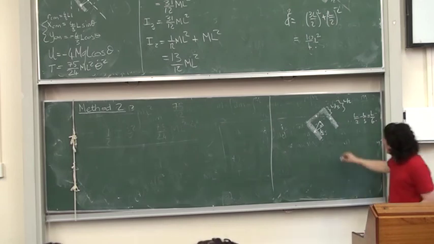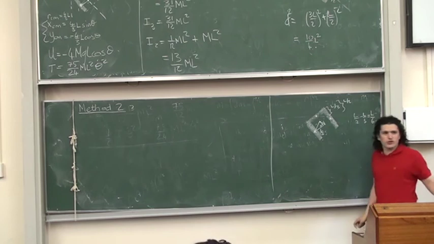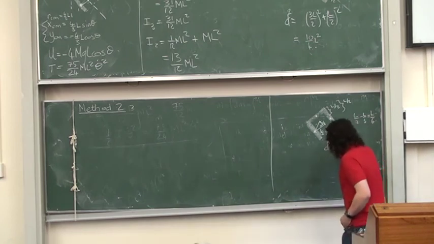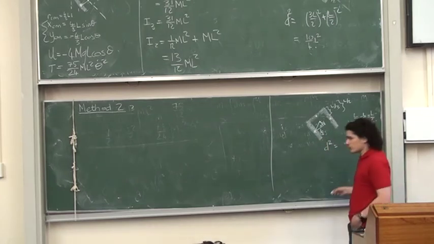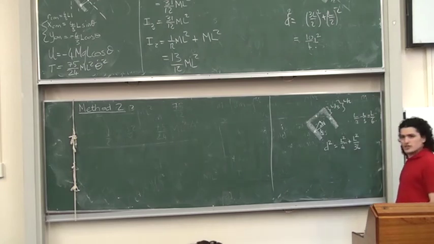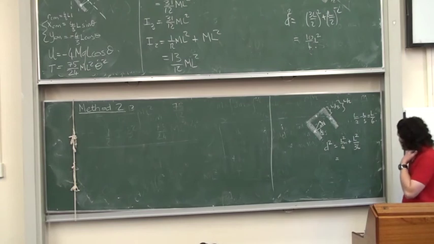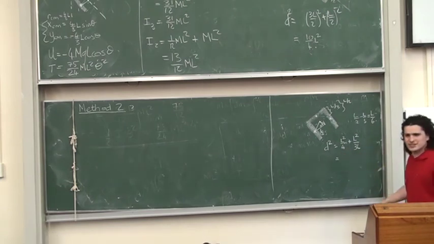So, we have L over 6 on one side of our triangle, L over 2 on the other side of our triangle, and therefore the distance squared is going to be L over 2 squared plus L over 6 squared. Which is 40 L. What is this? Maybe we should just multiply that one by 9. That's much easier.